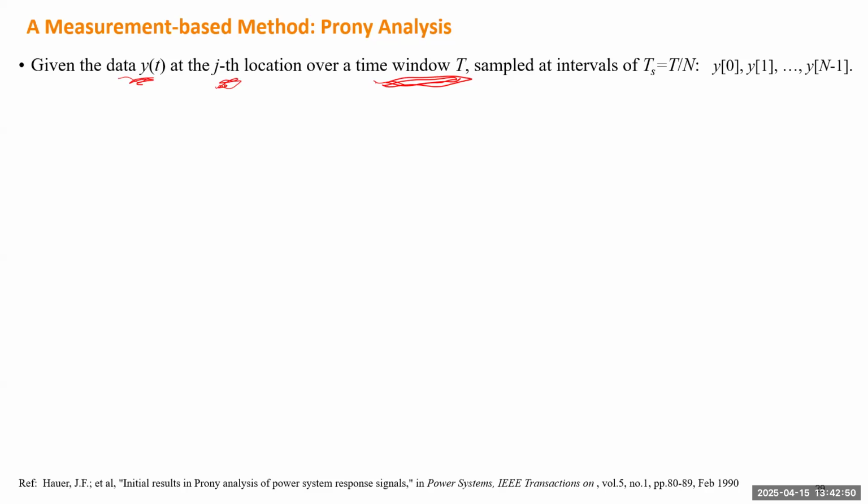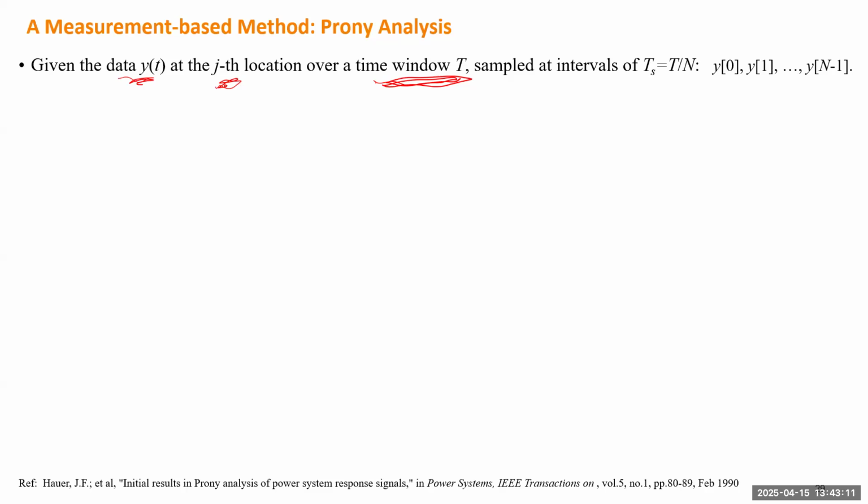So if this study is for a power system, if the slowest mode is 0.2 hertz, you need 5 seconds to capture 1 cycle of oscillation. So you need maybe 10 or 20 seconds to safely capture that mode. So the capital T here has to be long enough.